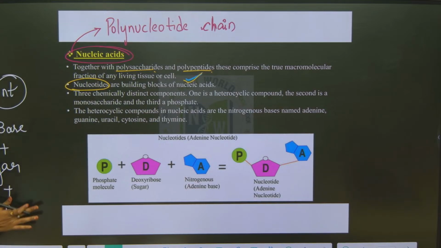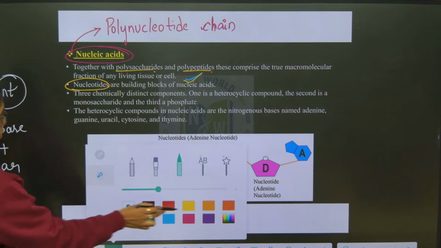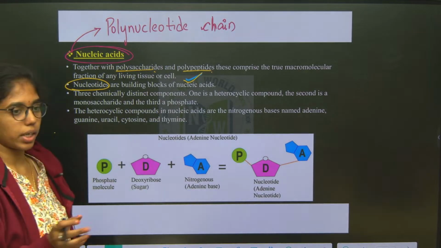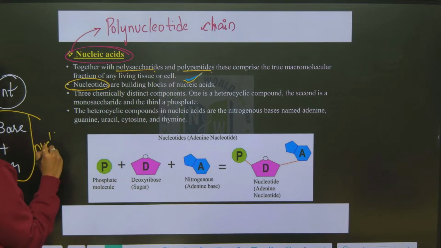This is negative. You can take it as H3PO4. So this will give the phosphate group, which is negative. Because of this only, DNA or RNA is getting what? Negative charge. So here the nitrogen base and sugar will form a nucleoside.